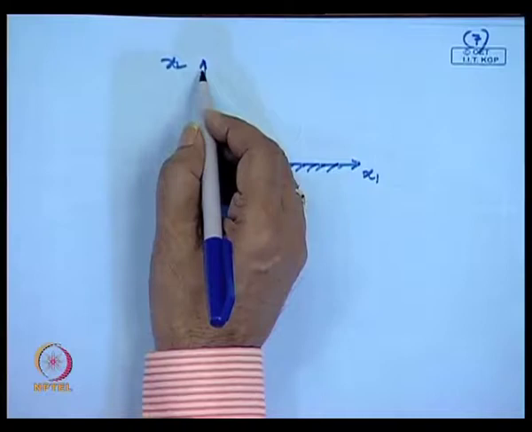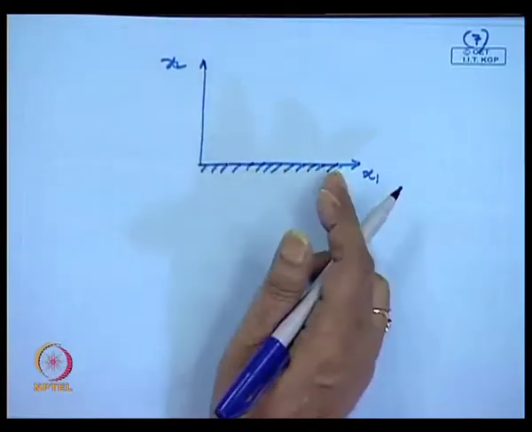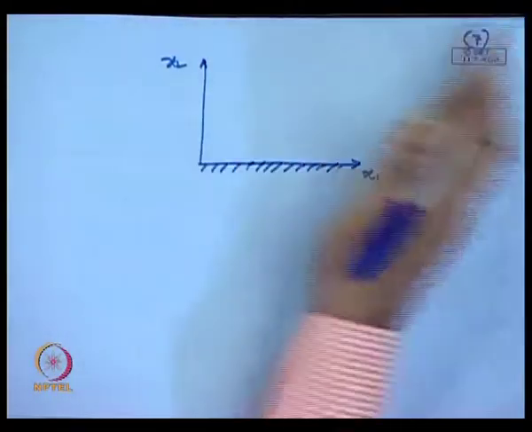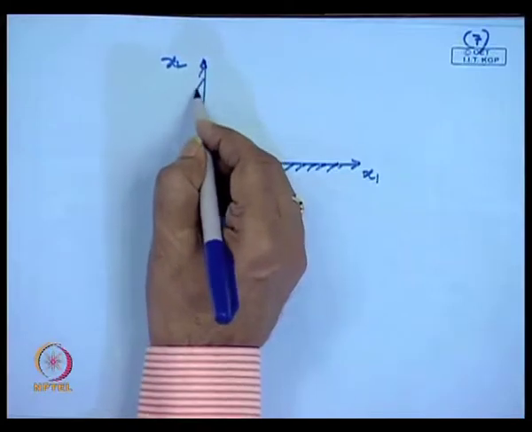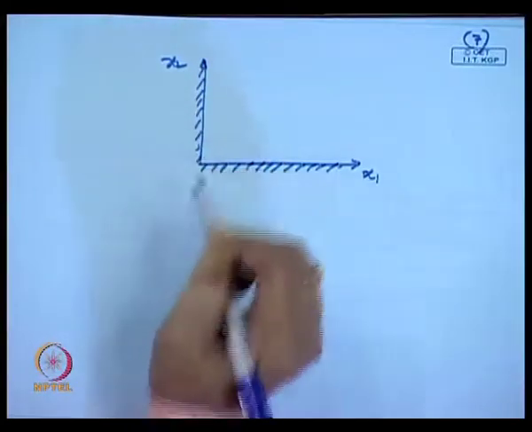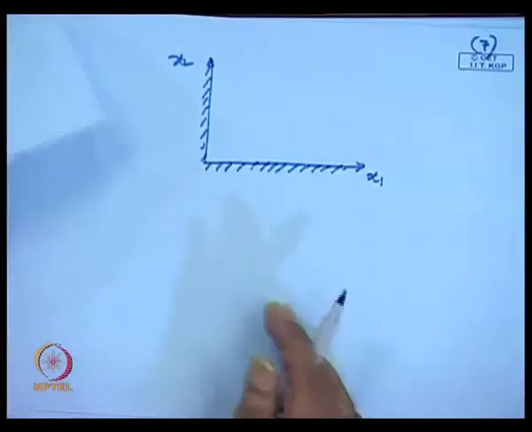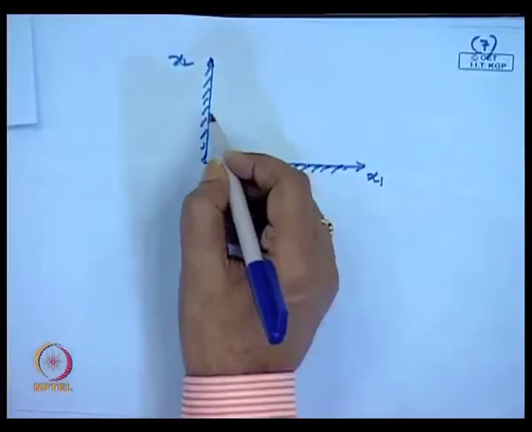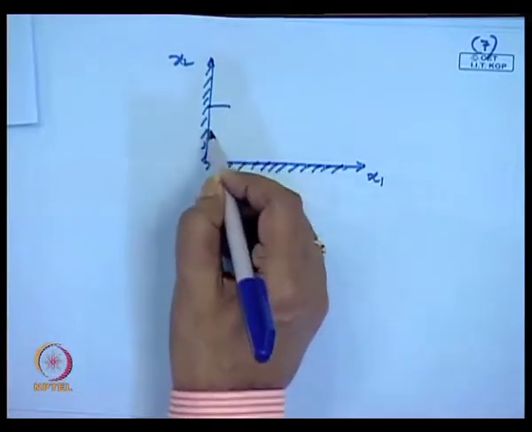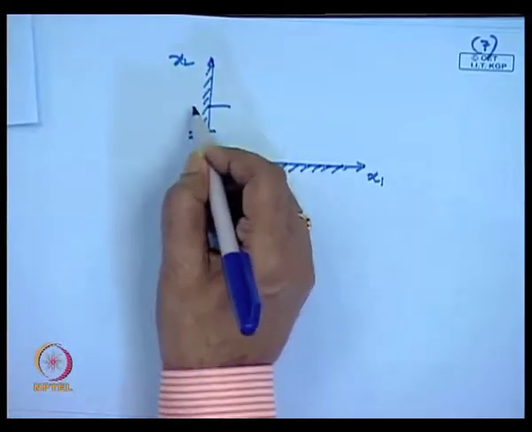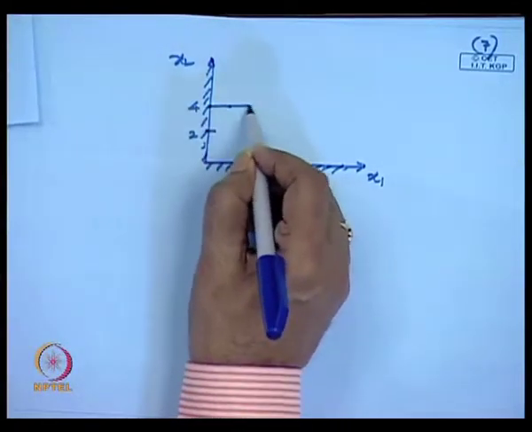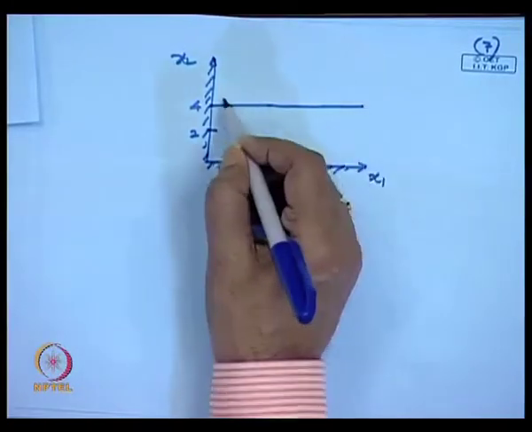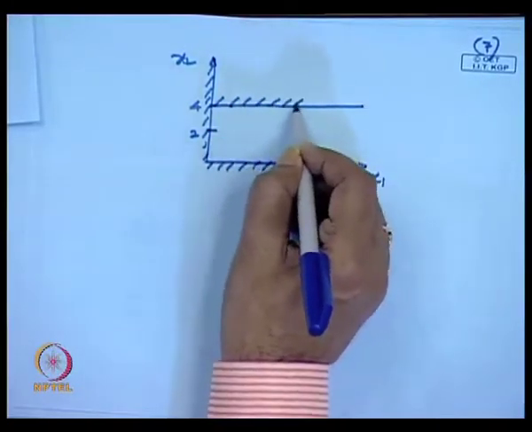Since x2 is greater than or equal to 0, this part will be our feasible region. Another constraint is that x2 is less than or equal to 4. Suppose this is 4, this is 2, so that should be less than or equal to this.